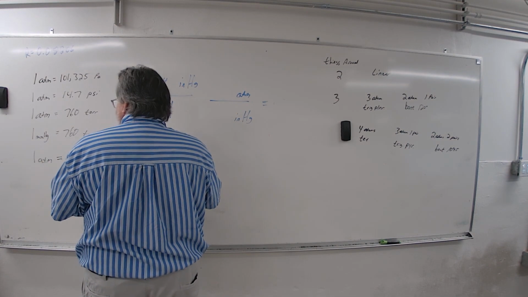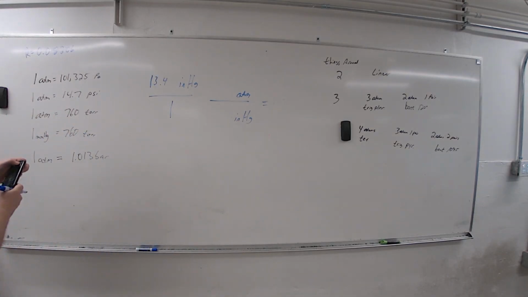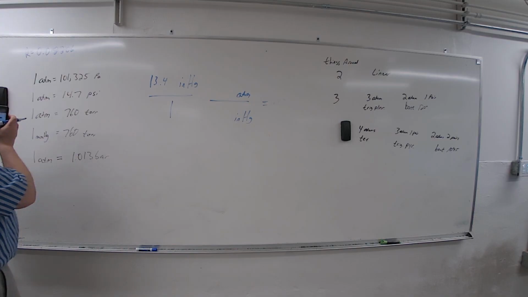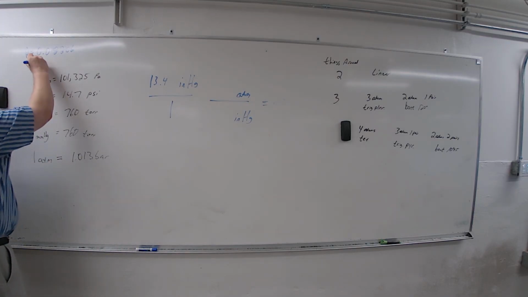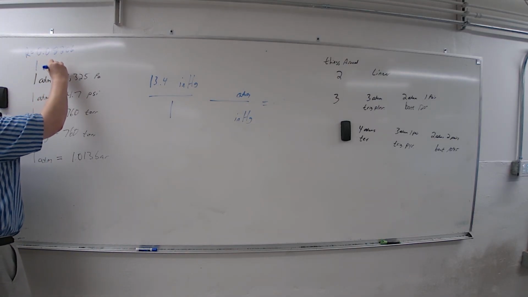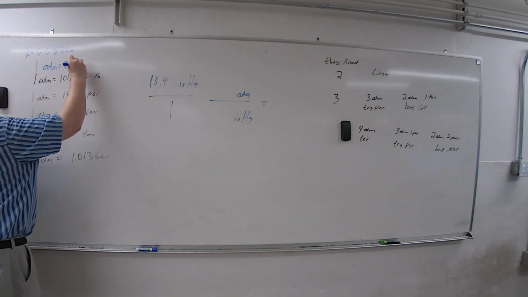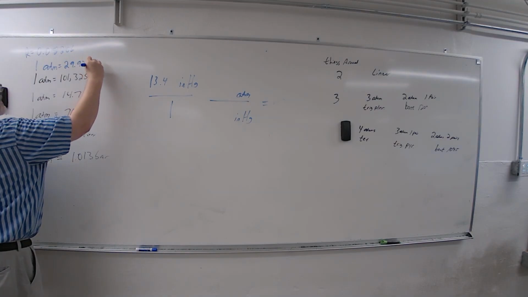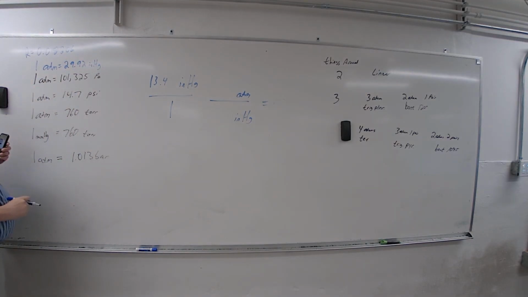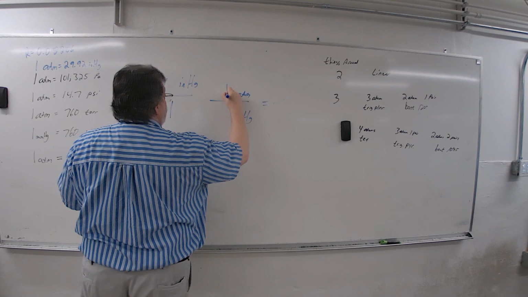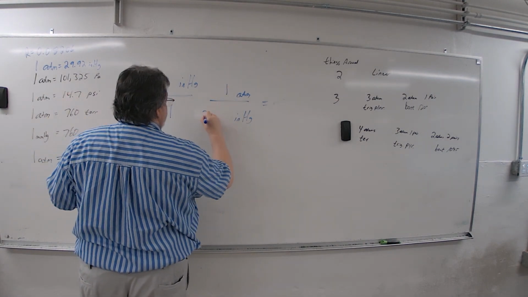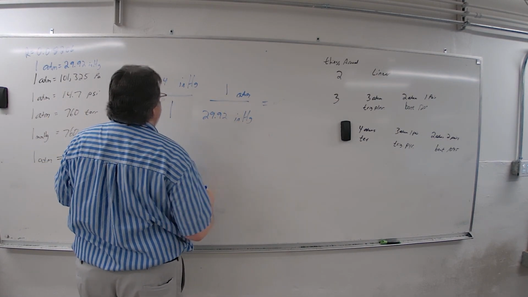Did I not write it down? It's 29.92. It's this that we need. So the 1 is here, and the 29.92 goes there.